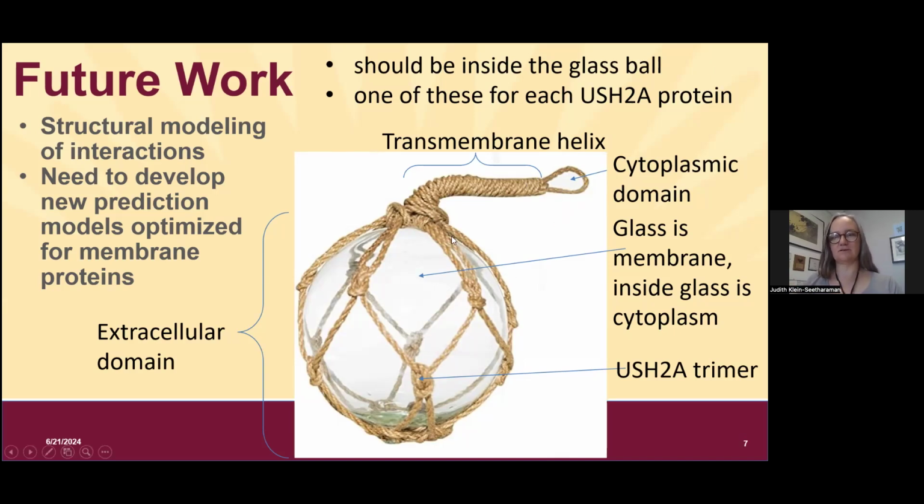So this is the model of the protein that we are currently working on. And this will allow us in the future to create much better models for the Usherin protein and its interactions.